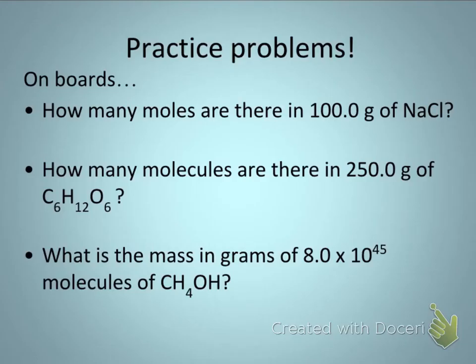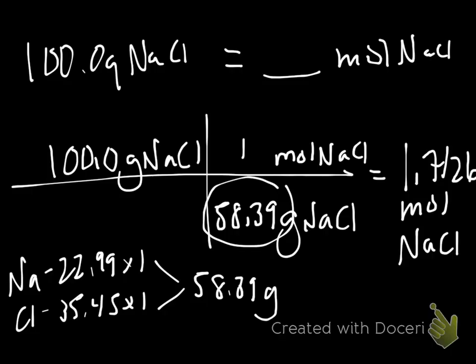With sig figs, how many sig figs did we have? We had 4, so we would have 1.713 moles of NaCl.